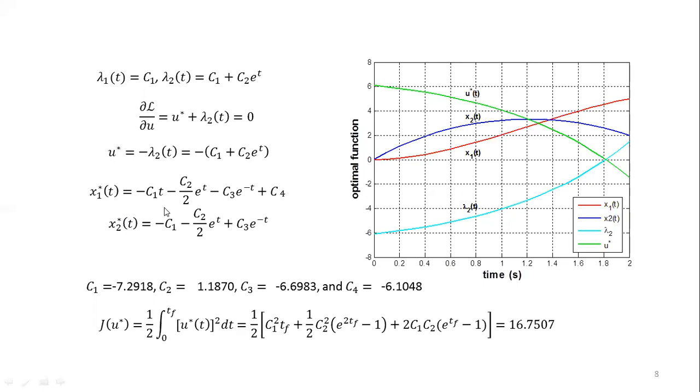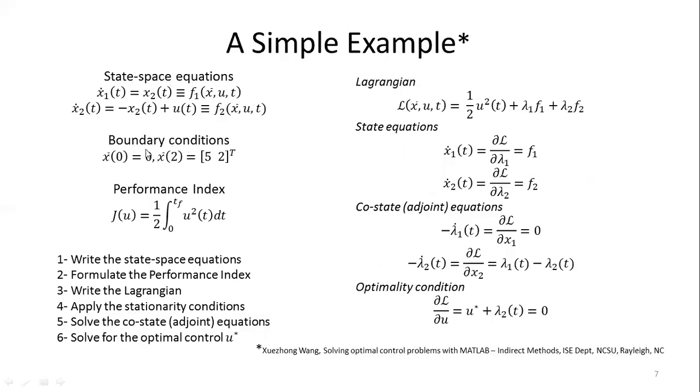Now we've got 4 boundary conditions. As I mentioned over here, we've got 2 boundary conditions for x1 and x2 at the initial time, and 2 boundary conditions here at the final time.